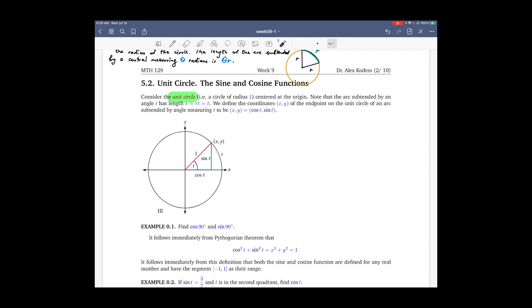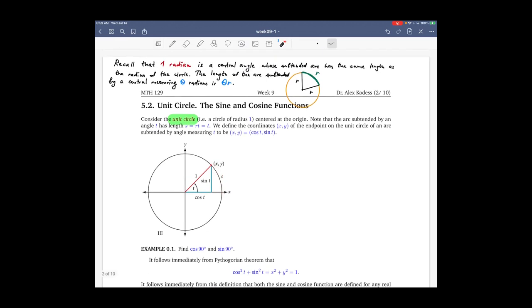Consider now an angle t measured from, as always, the positive direction of the x-axis. So the initial side of the angle extends along the positive direction of the x-axis. If this angle is t, what is the length of the arc subtended by this angle?